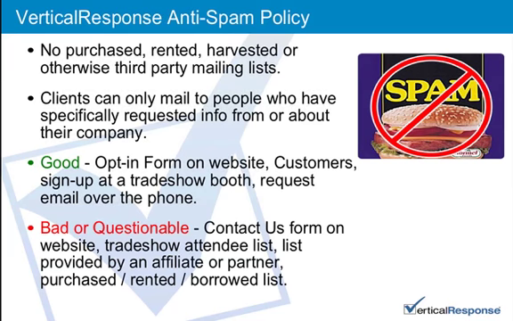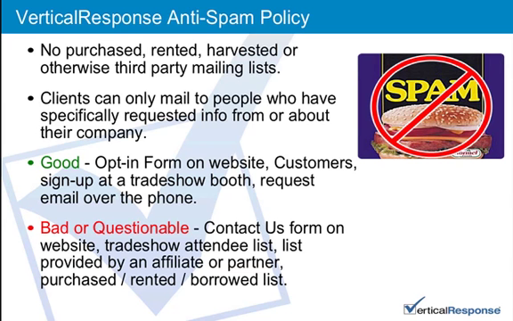Right, so kind of going along with that, in addition to the rules from CAN-SPAM, VR also has rules about lists and content that can be mailed out through your system. So some of VerticalResponse's anti-spam policies are you cannot have a purchased, rented, harvested, or otherwise third-party mailing list. So all of your lists need to be opted in, or your recipients at least need to know who you are and kind of what they signed up for.